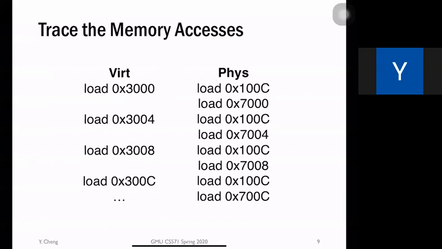The very first observation that you may make is that each virtual access gets effectively translated into two physical accesses. Why is that? Because the hardware doesn't understand virtual addresses.